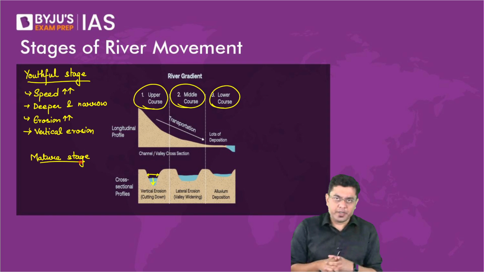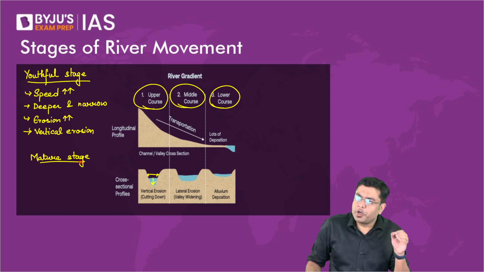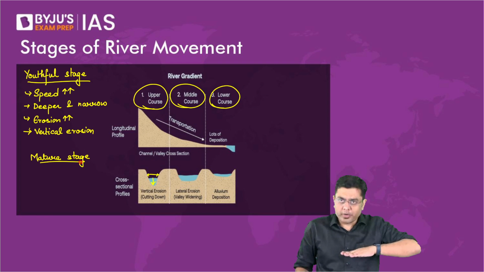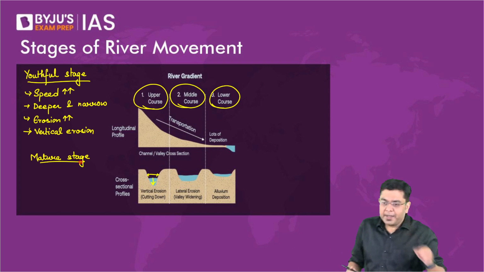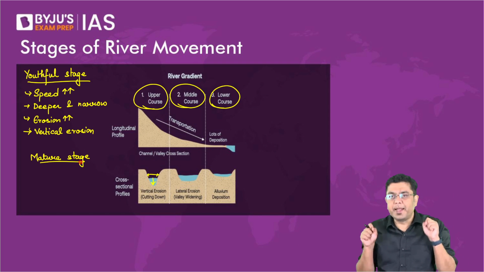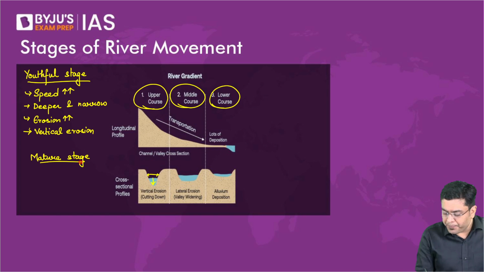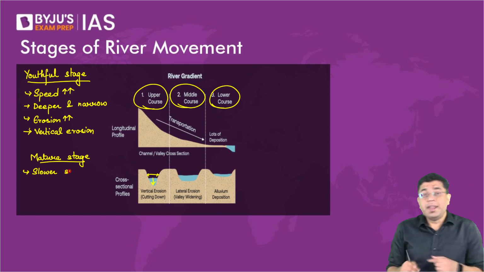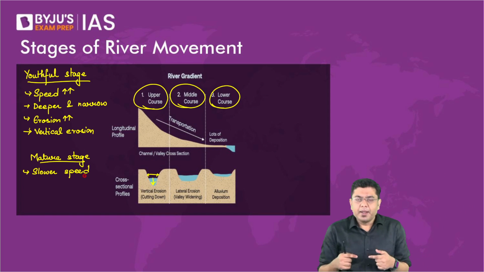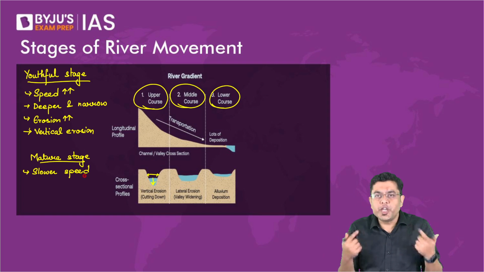Similarly, in the case of the river, when the mature stage comes, the slope has reduced already, so the speed will also reduce. Now the river will be in slight control. So here, slower speed. Now, when the speed slows down, immediately deposition will be initiated.